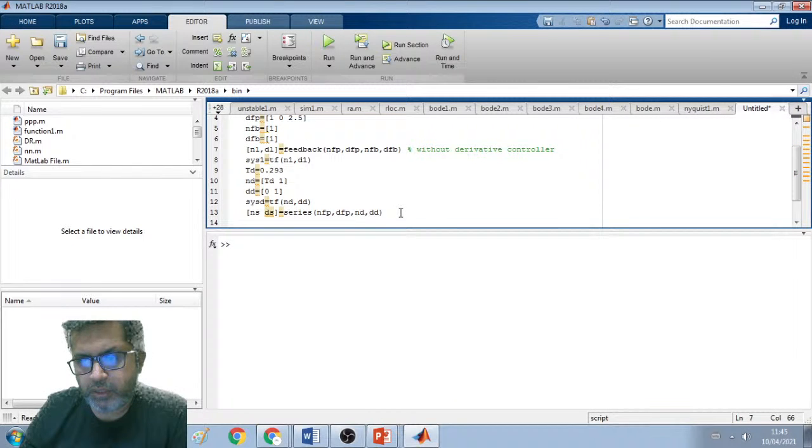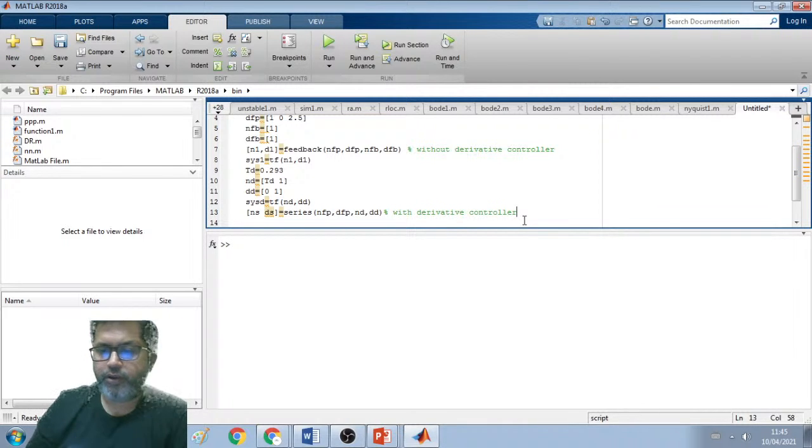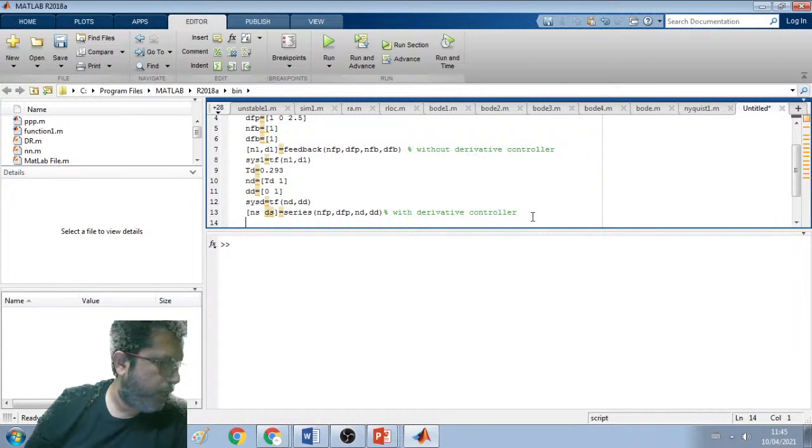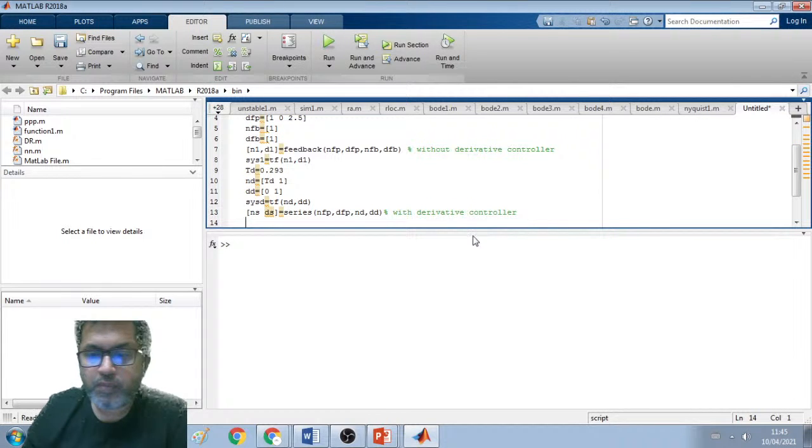This is with derivative controller. This is forward gain. Okay, this is forward gain series.